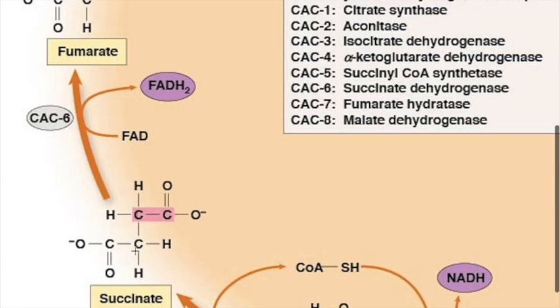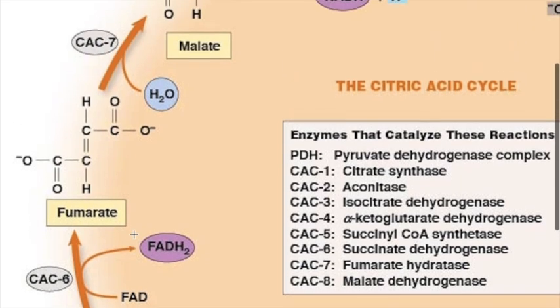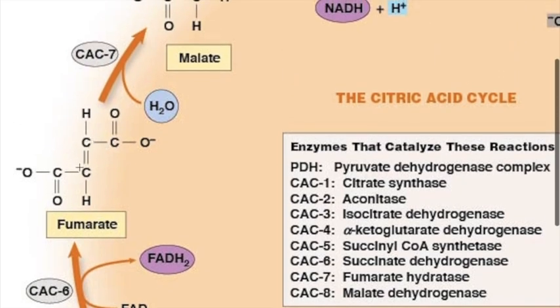So in succinate, you have a single bond between these two carbons, and in this transformation, in the sixth step of the citric acid cycle, you actually form a double bond here. So a high energy electron and proton are actually removed from this molecule, boop, and transferred to FAD to form a fresh double bond here between these two carbons. You can see that here in this fumarate molecule where you have this double bond here.